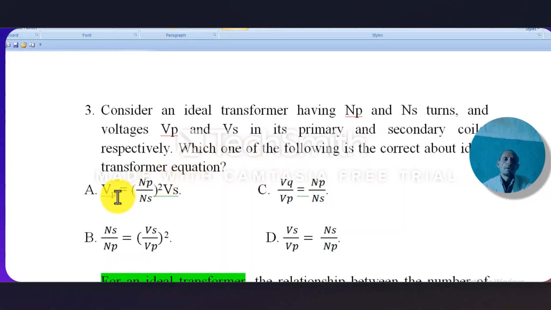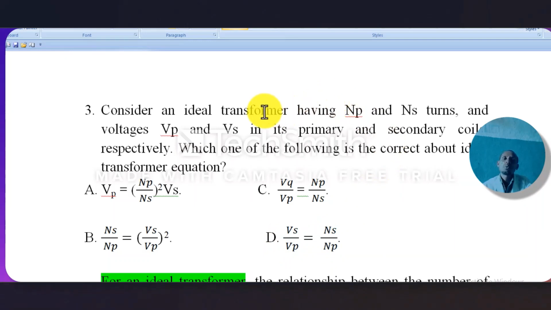Choice A, VP is equal to NP over NS squared times VS. Choice B, NS over NP is equal to VS over VP squared. Choice C, VS over VP is equal to NP over NS. Choice D, VS over VP is equal to NS over NP.